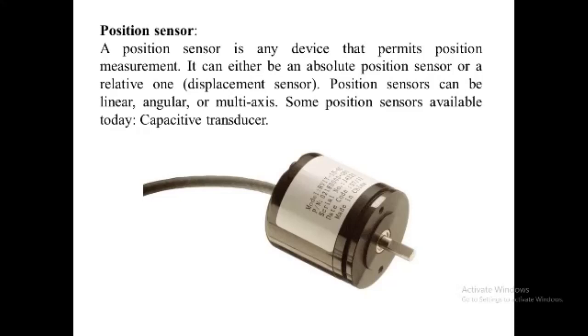It has a wiper contact linked to a mechanical shaft that can be either angular rotational or linear slide type in its movement, and which causes the resistance value between the wiper or slider and the two end connections to change, giving an electrical signal output that has a proportional relationship between the actual wiper position on the resistive track and its resistance value. In other words, the resistance is proportional to position.